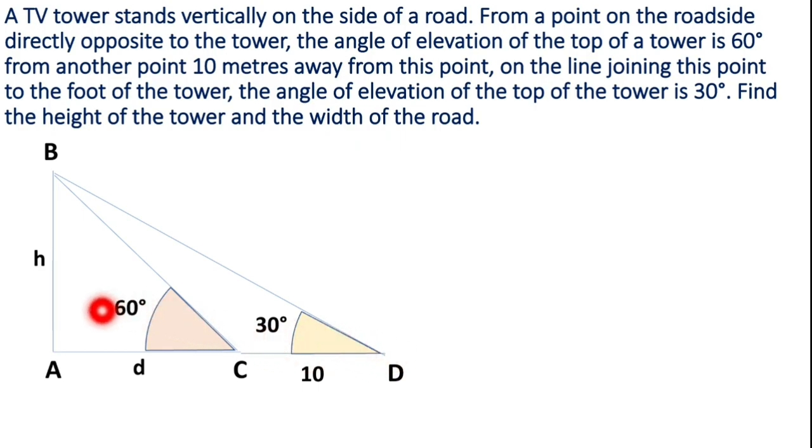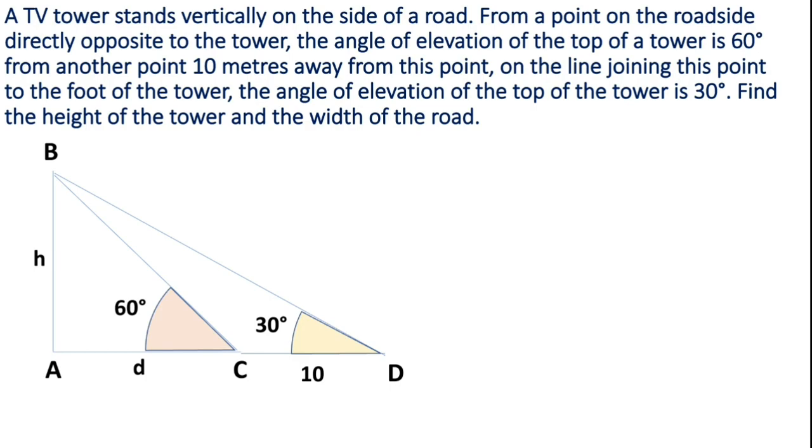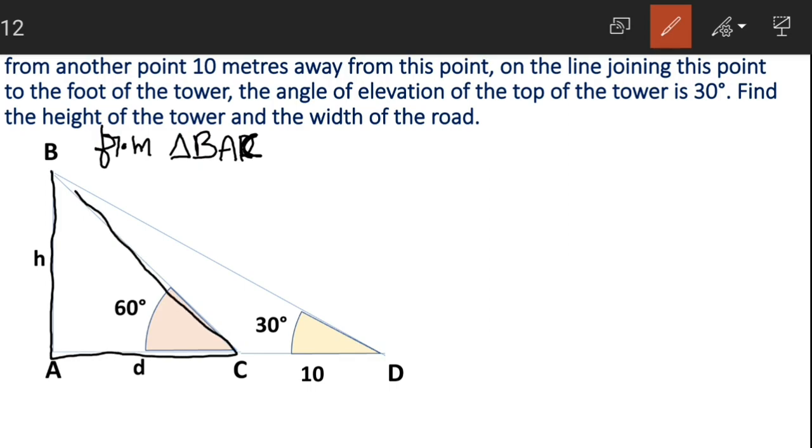So first consider the small triangle BAC, and after that consider the next triangle BAD. Sorry, BAC first. So this triangle I am considering BAC, small triangle. So here we know that this becomes the opposite side and this AC becomes the adjacent side.